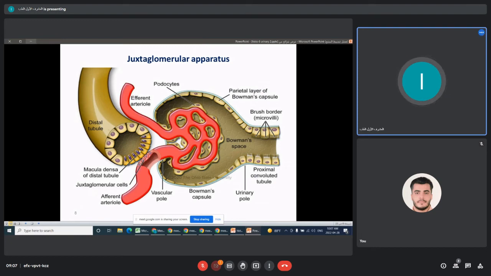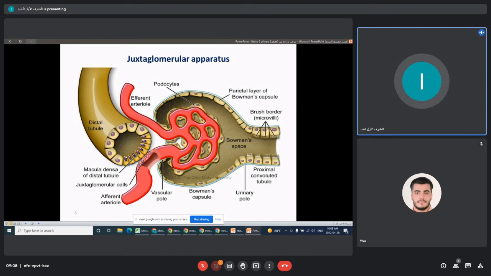The site of this contact here will form what is called the macula densa. The cells of the macula densa will change morphologically into taller columnar epithelial cells, and they are more closely packed.